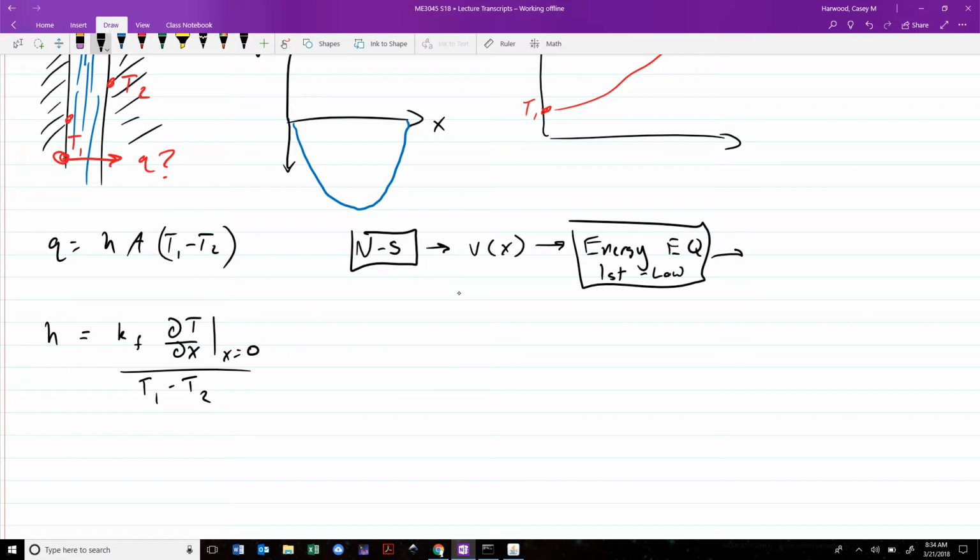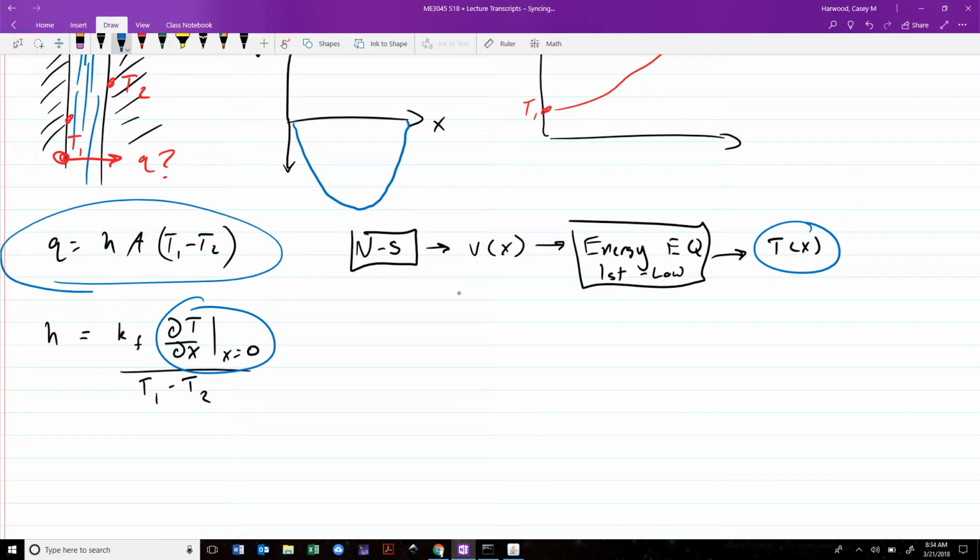And from that, we got T as a function of x. So with that T of x, we can calculate the gradient to fill in the last piece of information to get H. Once we have that solution, we just plug stuff into the calculator and find H. So from H, then, we can find Q.